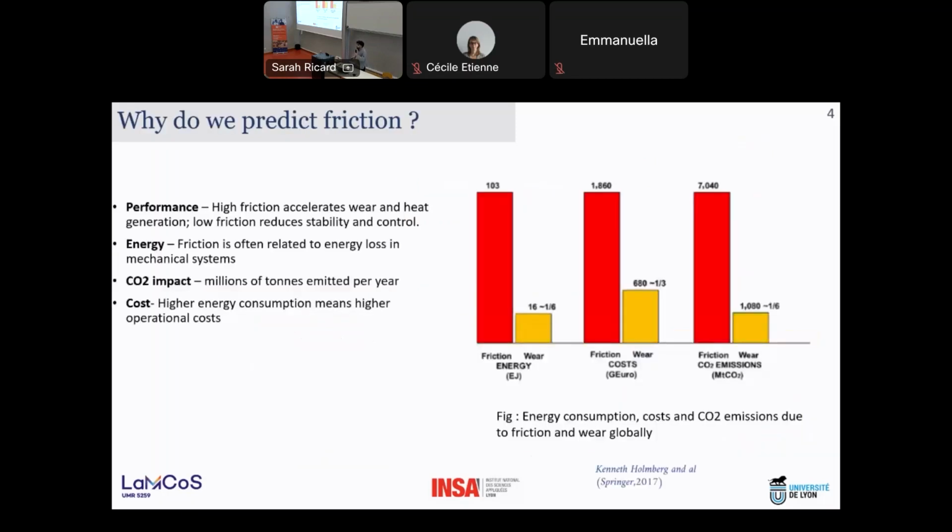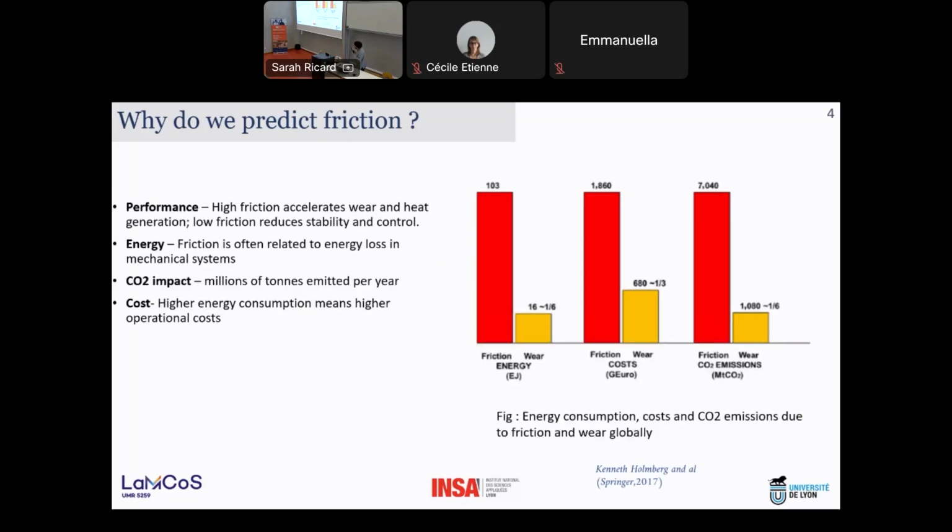Second, why do we predict friction, and why are we interested in studying it as tribologists? Well, for many reasons. One of them is that it is an indicator of performance. For instance, having high friction values accelerates wear and heat generation, while low friction values reduce stability and control.